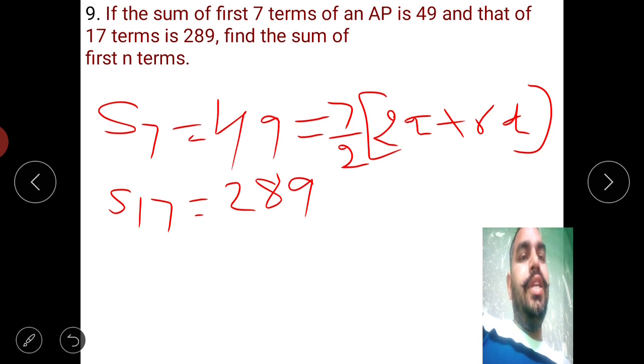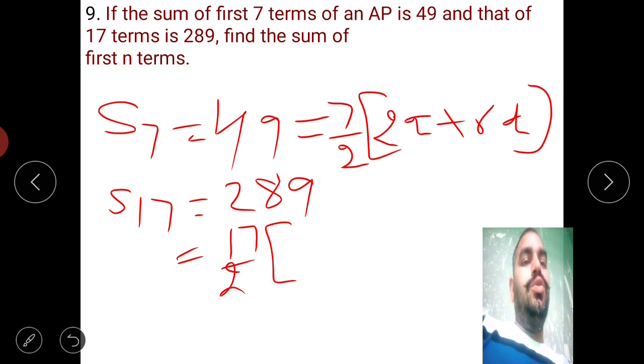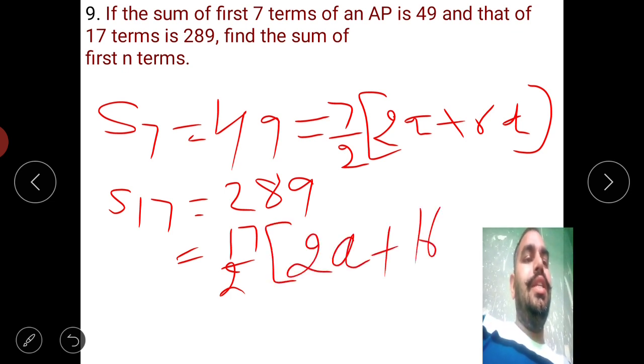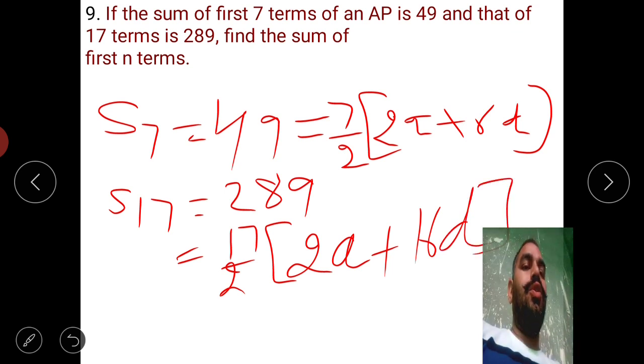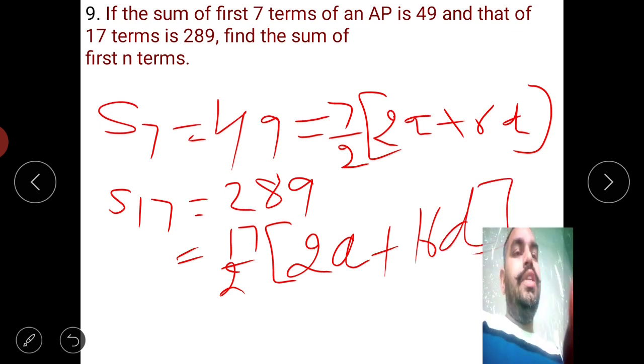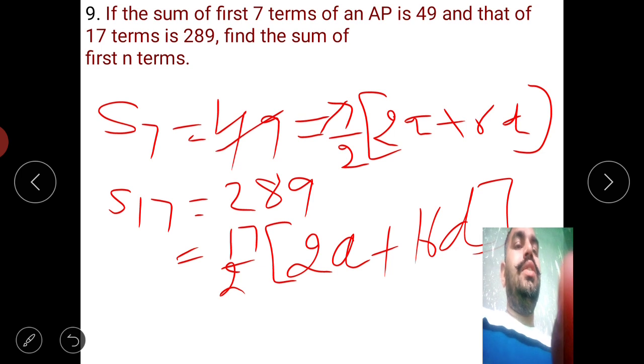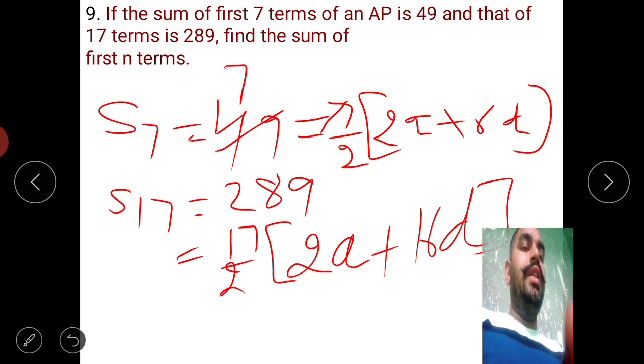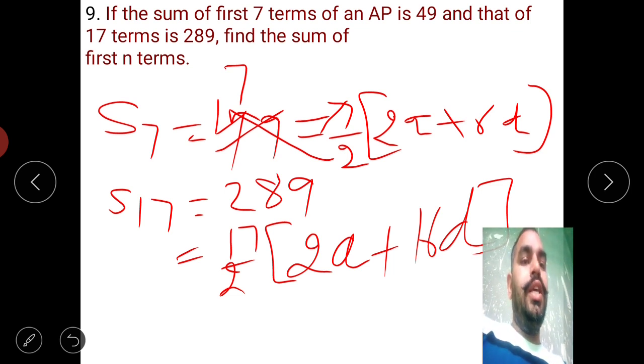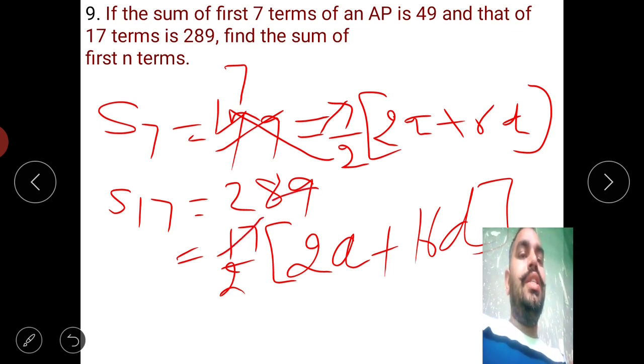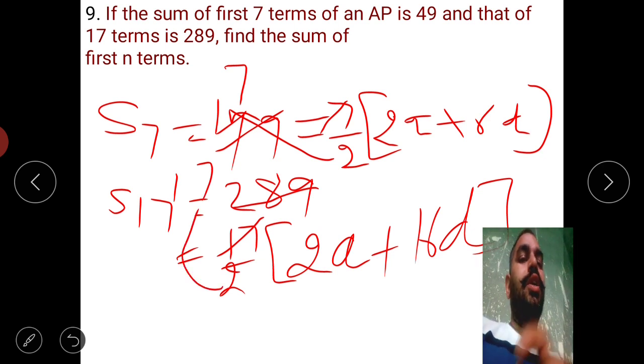S17 can be written as 17 by 2 into 2a plus 16d. Got it or not? Then 7 cancels out with 49, giving 7, and 2 is multiplied with 7, that is 14. And 17 cancels out with 289, giving 17, and 2 is multiplied with this.